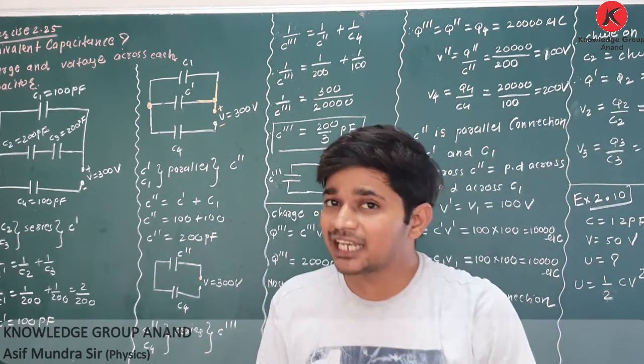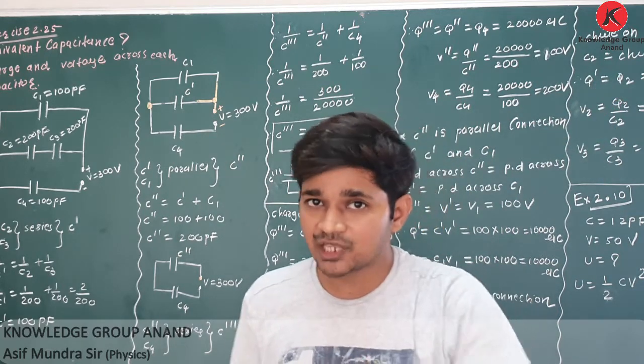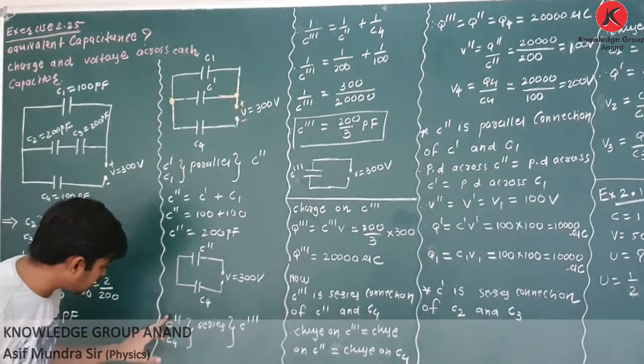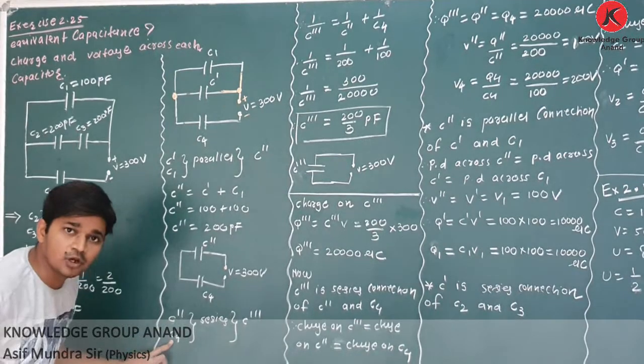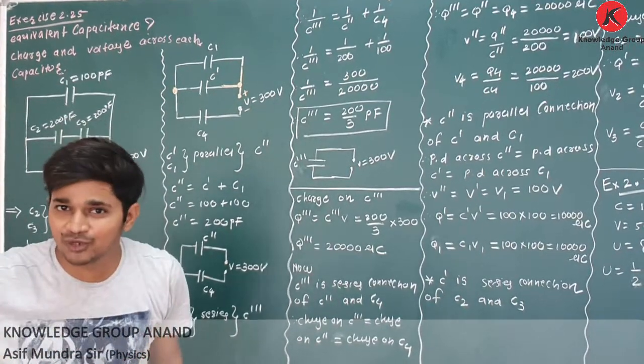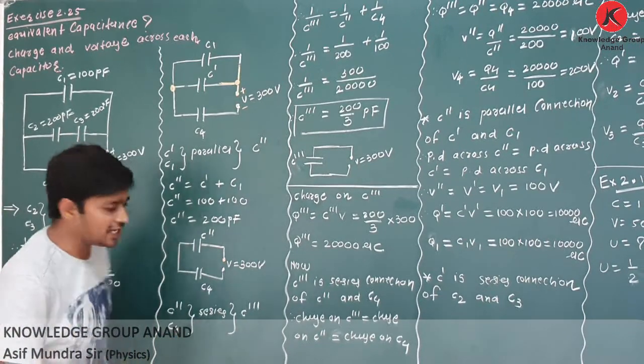See, in series connection we know that charge is same. Charge on C triple dash is equal to charge on C double dash and charge on C4. But what about potential? Yes, we know that V is equal to V1 plus V2 for series connection. Apply here.